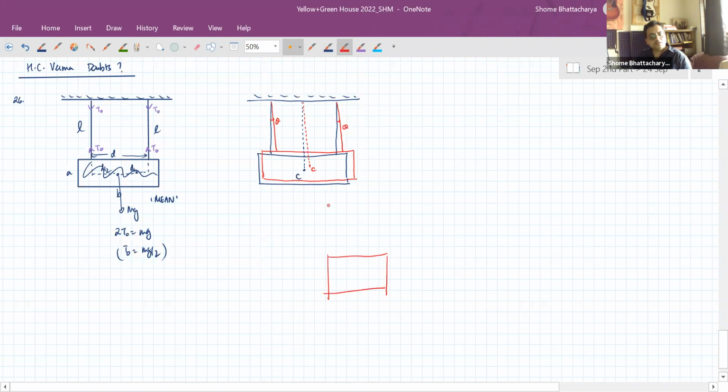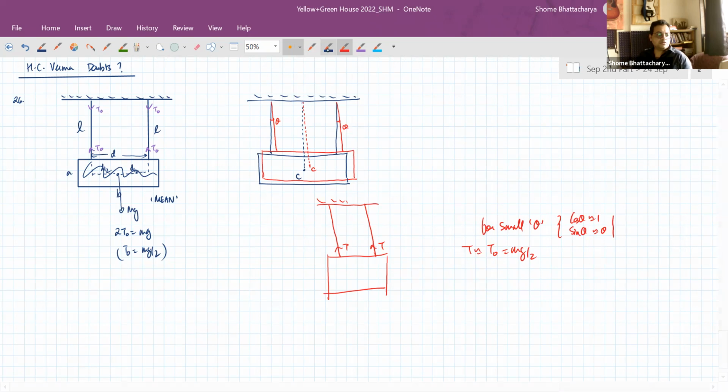for small theta, what will happen is this tension will more or less be equal to T naught, equal to mg by 2, for small angular displacement theta, such that cos theta tends to 1 and sin theta tends to theta.